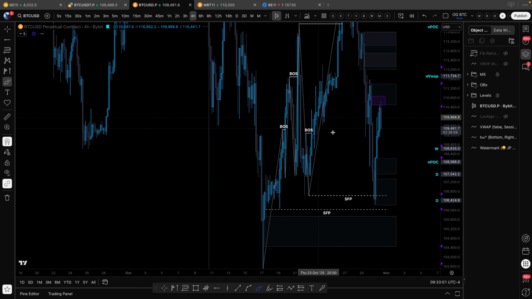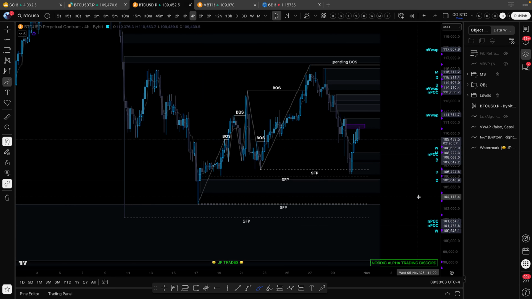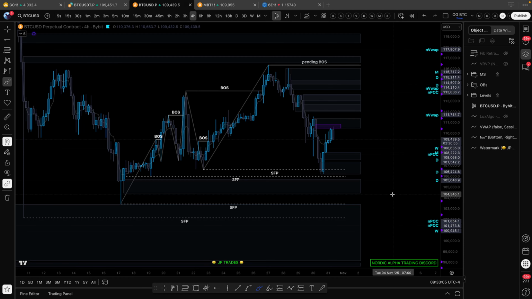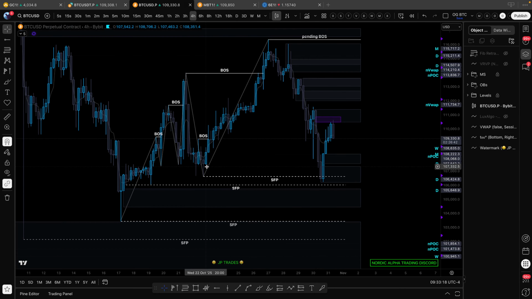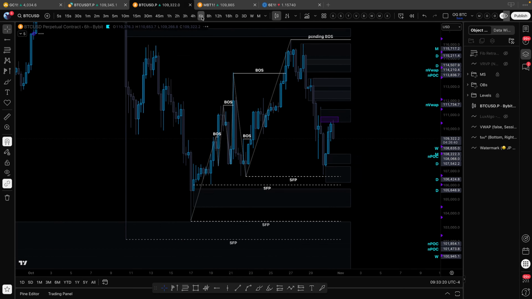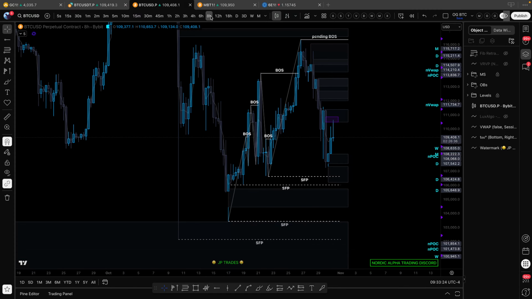However, let's get back into what happened overnight. Let's continue to follow our market structure. And we can see here that on the 4 hour, we did close below this SFP low, and this was your 4 hour market structure. However, it does share the same structure on the 6 hour.